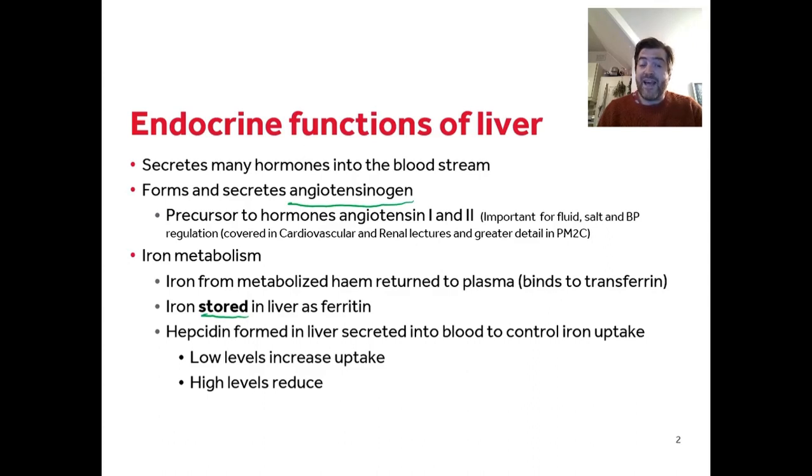And hepcidin, again a hormone formed in the liver, is secreted into the blood, and that's what endocrine hormones do. They are secreted into the blood like angiotensinogen, and they control iron uptake from the liver. So low levels of hepcidin increase uptake of iron, high levels reduce iron uptake.